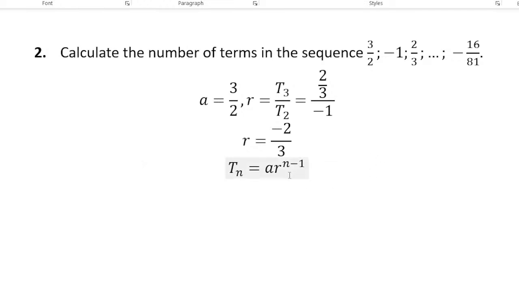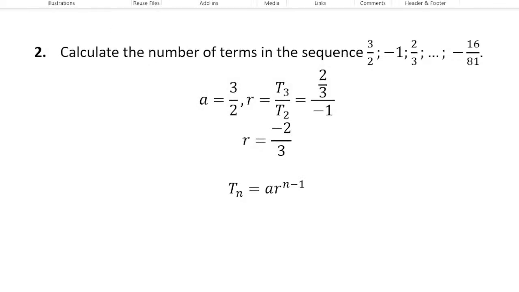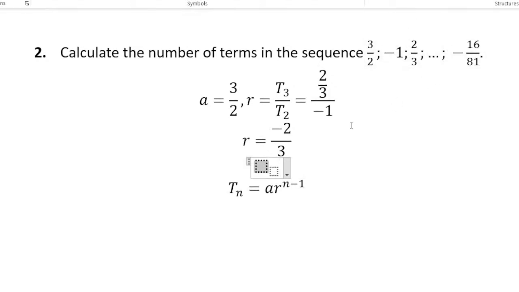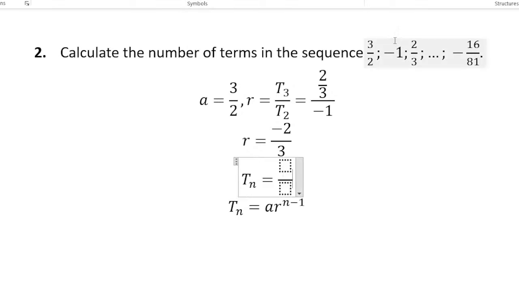So now let's substitute. Tn in this case, we are given Tn is equal to negative 16 over 81.